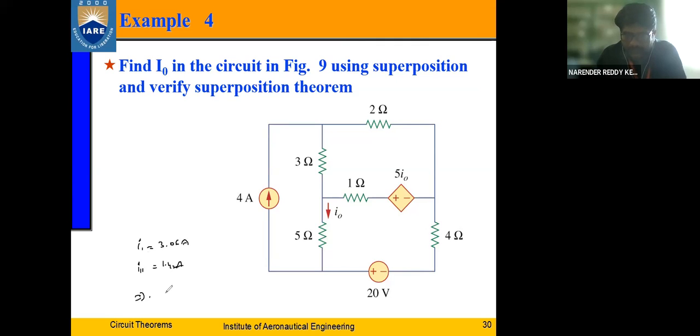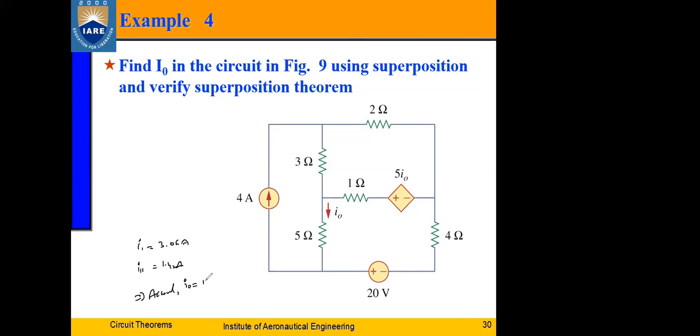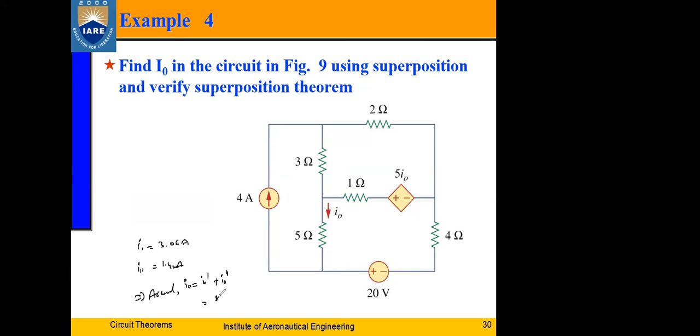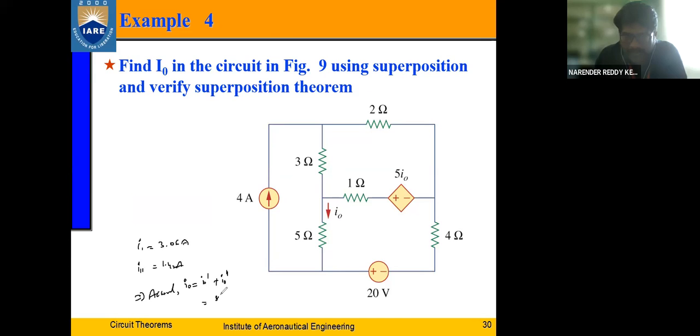According to the superposition theorem, what's the total current? I0 is equal to I0 dash plus I0 double dash. So what's the value? Are you subtracting them? Okay, fine. Yes, sir. I can write it as minus here, I0 dash minus I0 double dash, right?